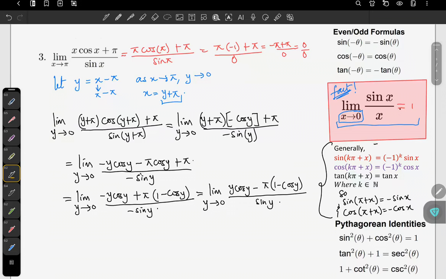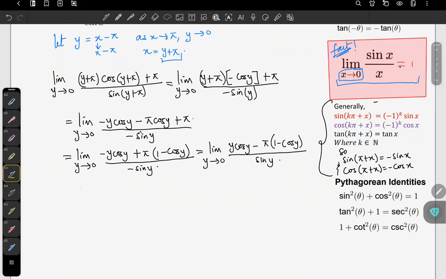So from here, we can split it into two fractions. So we have this to be the limit as y approaches 0 of y cos y over sine y, minus pi into bracket 1 minus cos y over sine y.